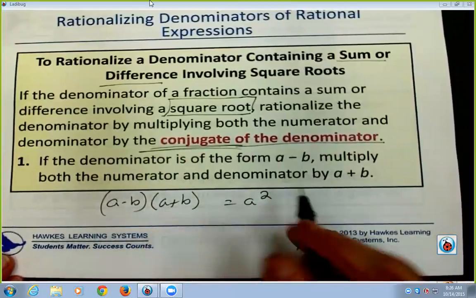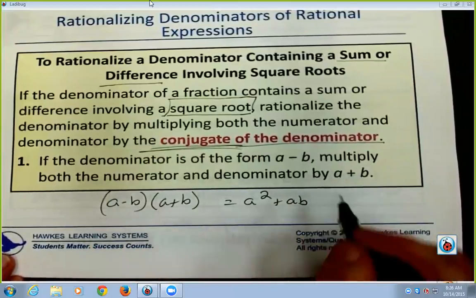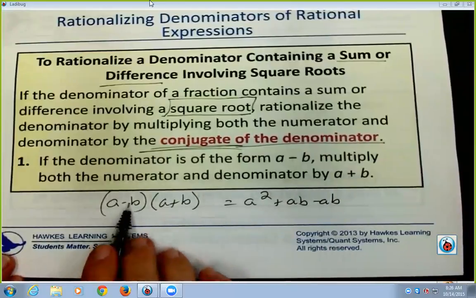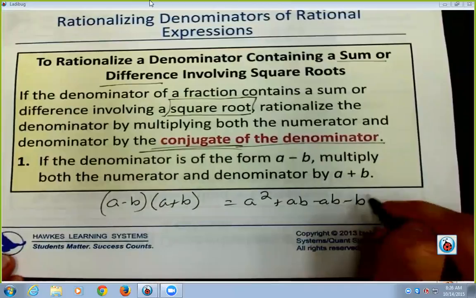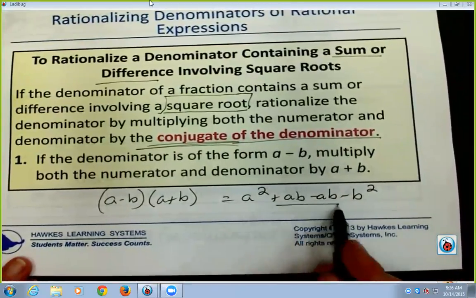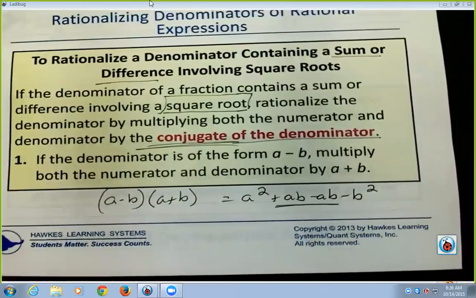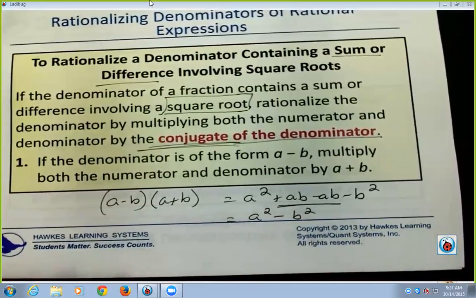We took a times b, a positive ab. Negative b times a is a negative ab. And finally, negative b times positive b is a negative b squared. When we combine stuff, what happened? They canceled out, right? And because they canceled out, we were simply left with a squared minus b squared.